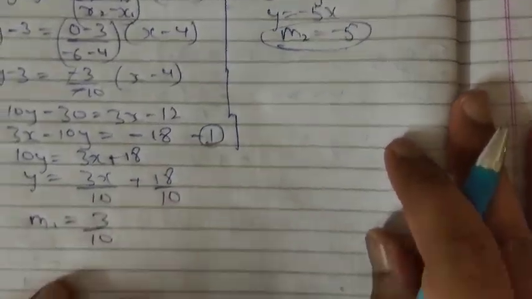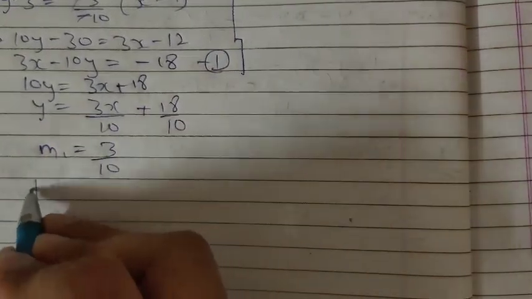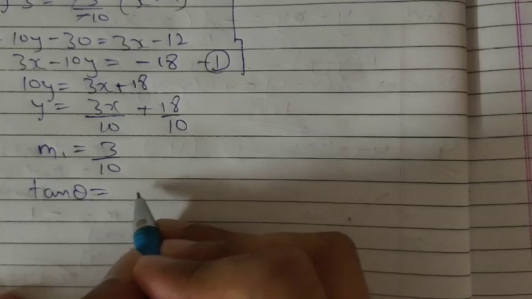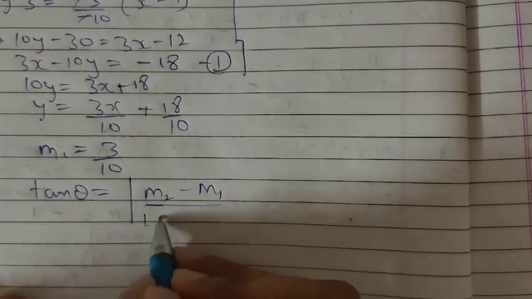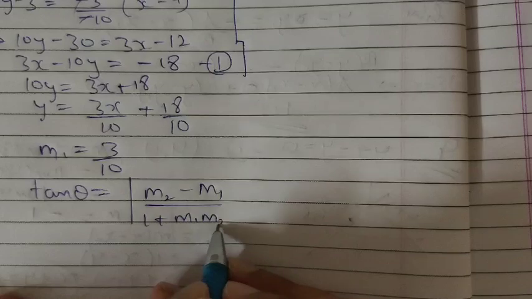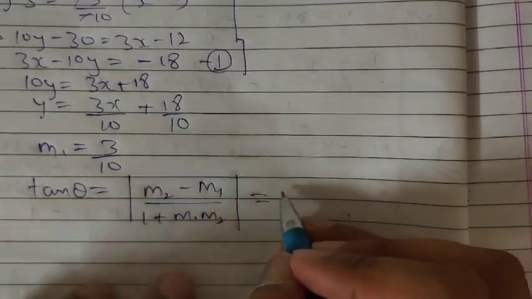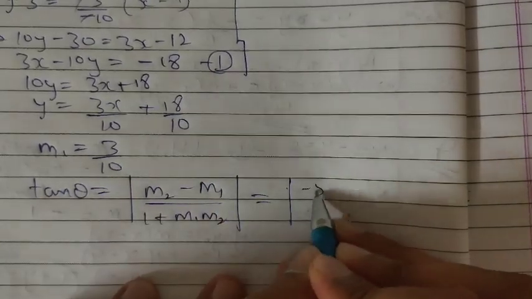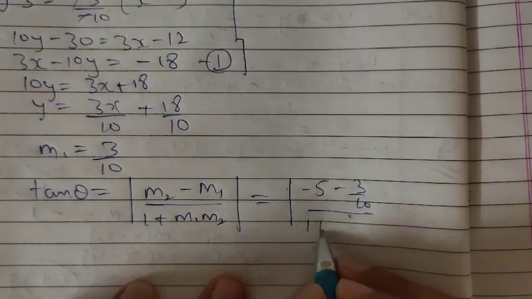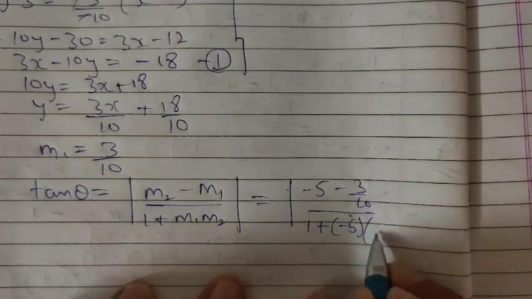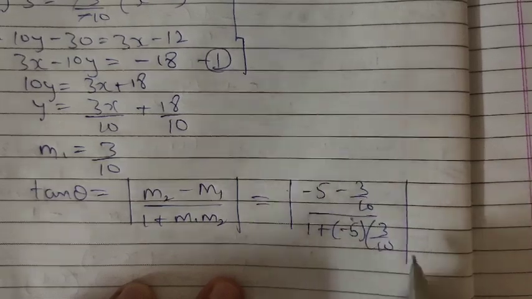Now the angle between two lines: tan theta is equal to (m2 minus m1) upon (1 plus m1 m2). So use this formula: (minus 5 minus 3 upon 10) upon (1 plus minus 5 times 3 upon 10).